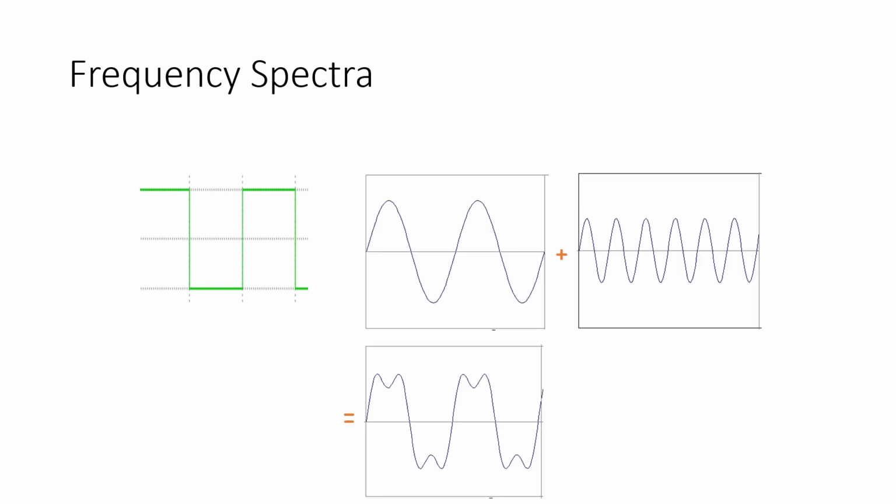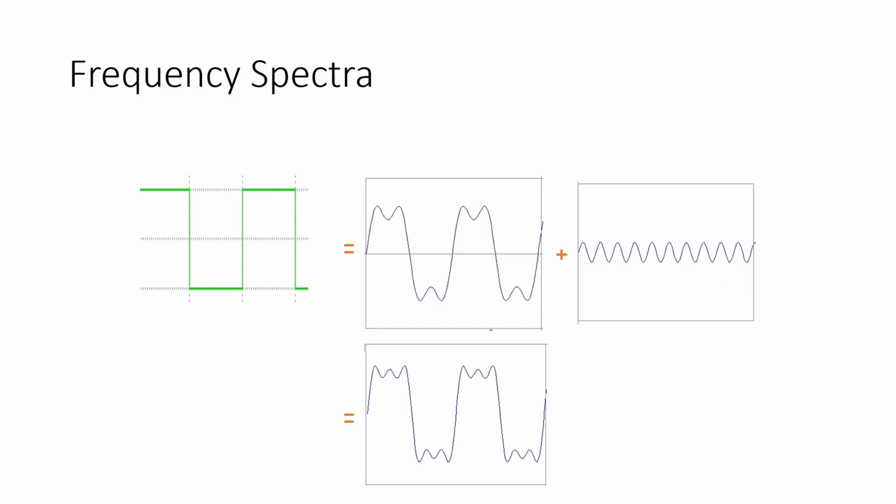So his idea is, suppose we have a sine function like this, and we add another sine function, it will look like this function. And if we add more sine functions, then this function will be modified like this one.